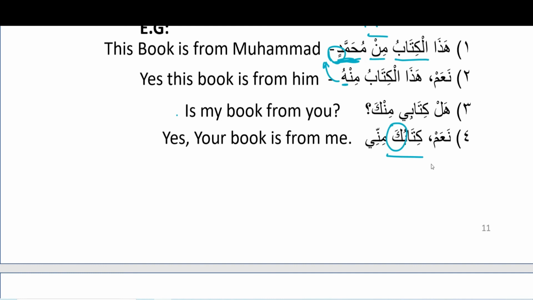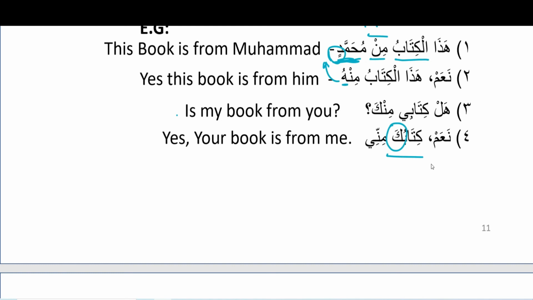You don't expect, okay, if you have a son and a daughter here, right? Suddenly you said, Naam kitabuka minki. You get me or not? Yes, your book, my son. Yes, from you, my daughter. Doesn't make sense at all. Okay?